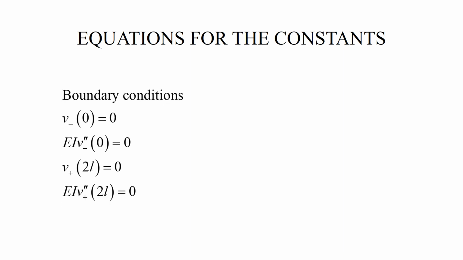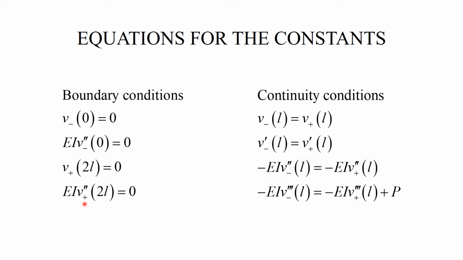So the boundary conditions, these are my equations for the boundary conditions. These are my equations for the continuity conditions. And now I just simply substitute cubic polynomials for V minus and V plus into these 8 conditions, evaluate them.